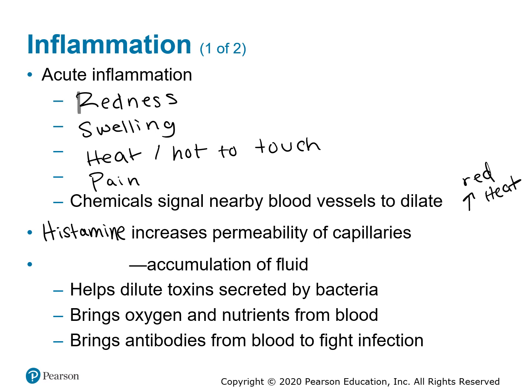When it increases the permeability of capillaries, those capillaries are not as good at either keeping liquid in or keeping liquid out. That's what increased permeability means. Because they're not good at keeping liquid in anymore, that fluid starts to leak out. That leaking out of fluid is called edema. That's when we get swelling.